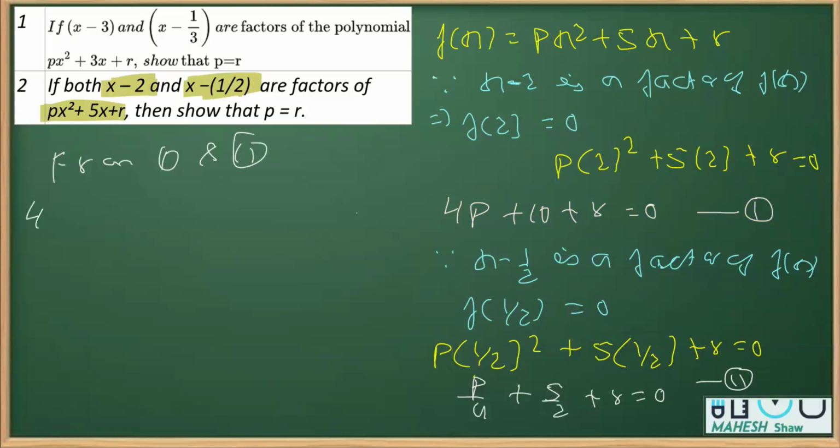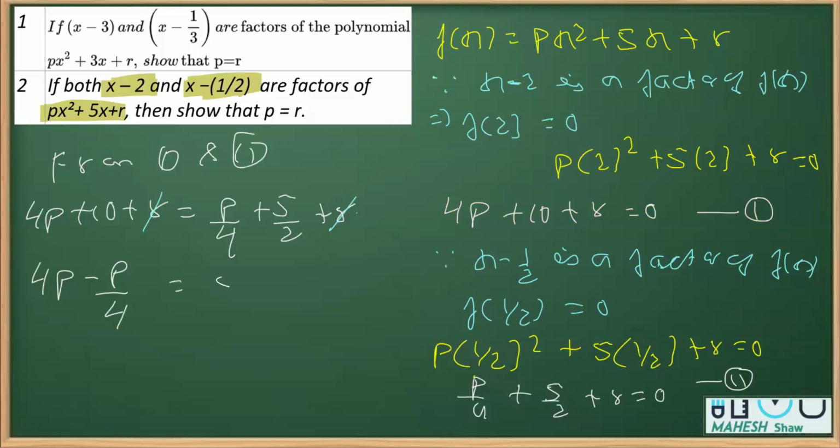So I'm writing 4p plus 10 plus r is equal to p over 4 plus 5 by 2 plus r. Now we can see here that r and r get cancelled. And in order to find the value of p, I'm transposing p terms to the left hand side, 5 by 2 and the constant to the right hand side.